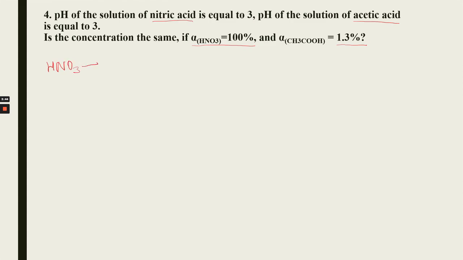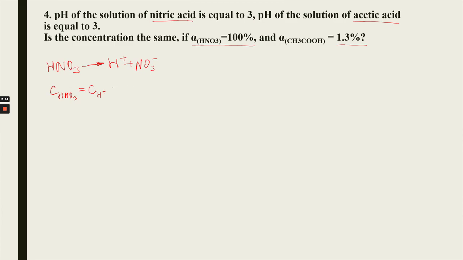For a strong electrolyte, we draw one arrow. It fully dissociates. And for a strong electrolyte, we can assume that the concentration of acid is equal to the concentration of protons, and we can find it through pH.